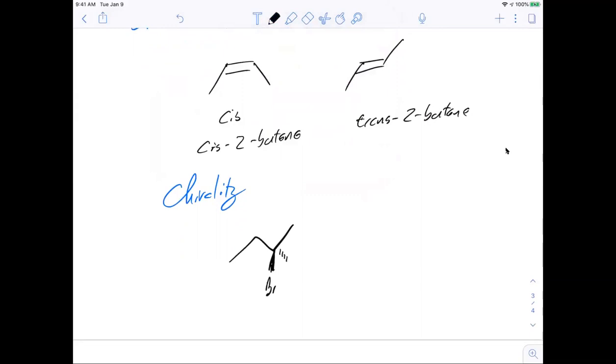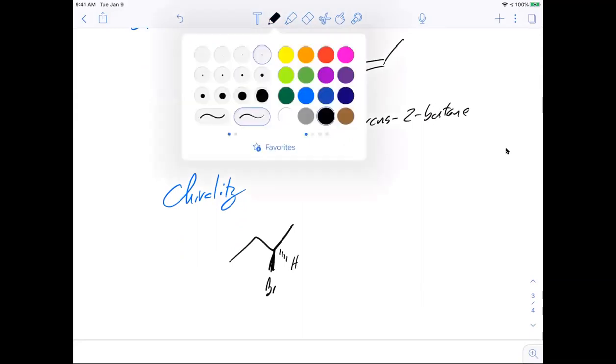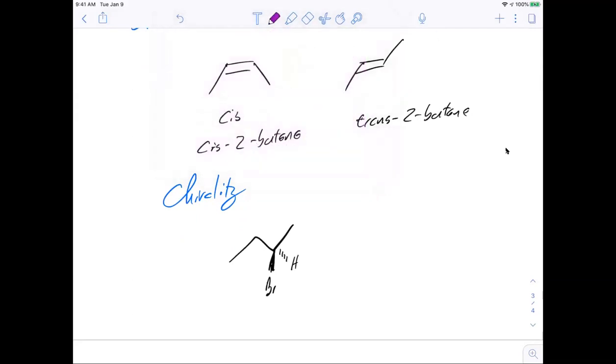Now, chirality is a form of a stereocenter, but it has to do with three-dimensional space. If we look at these, the way that we can determine that this could be a chiral center is that we have 4 different things attached.